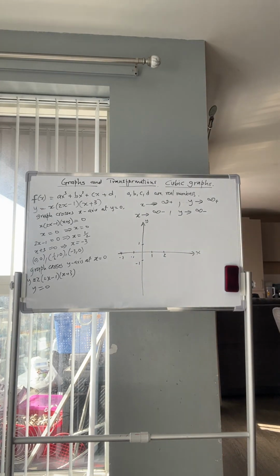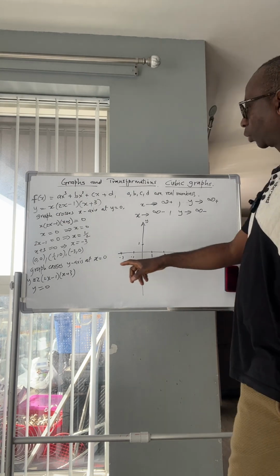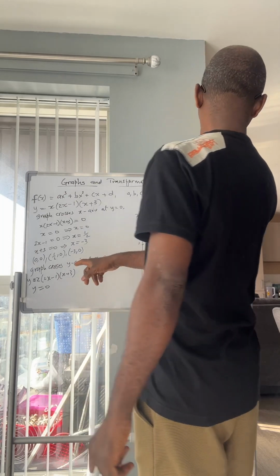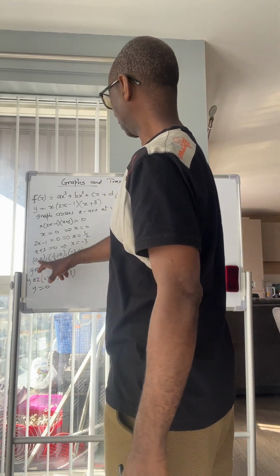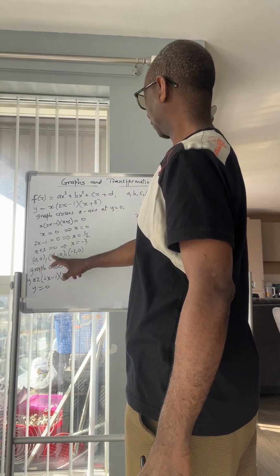So this is our coordinate or Cartesian system. We now know the graph crosses the x-axis at 0, 1/2, and minus 3.